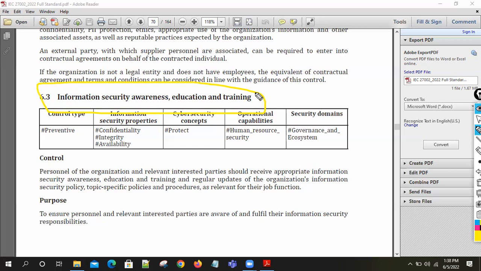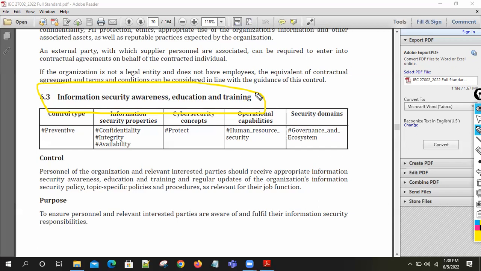Now you have identified a risk here. Now what would be the control? The control would be that we provide information security or cyber security related training at regular intervals. I will plan accordingly so that when an employee joins the organization, they undergo this kind of information security, cyber security, or awareness training.